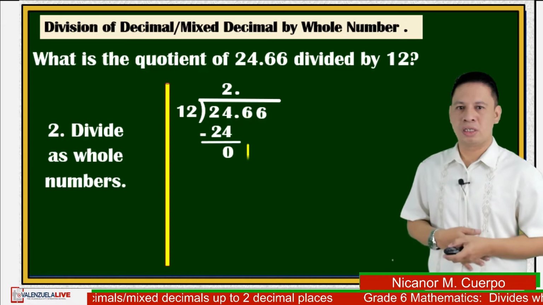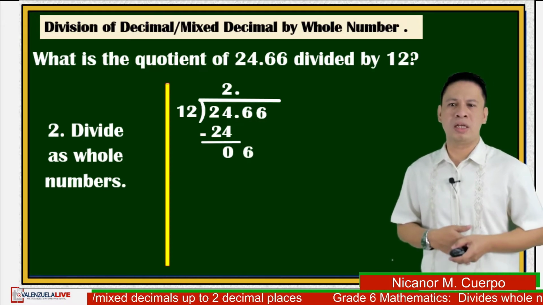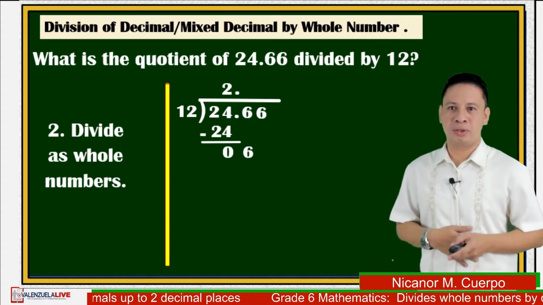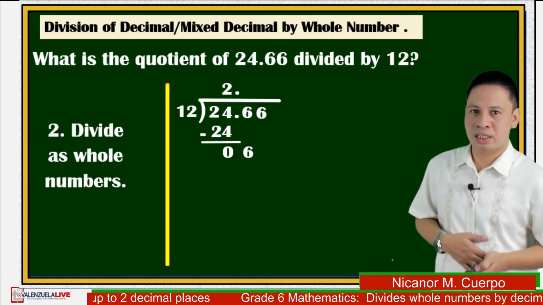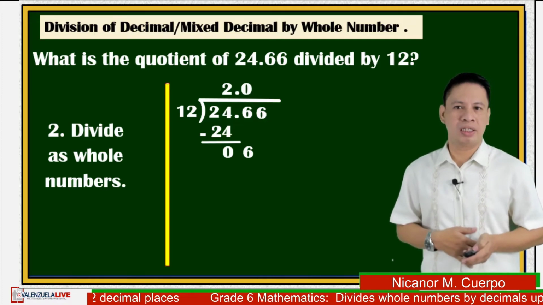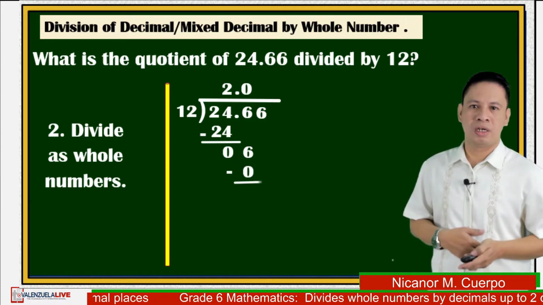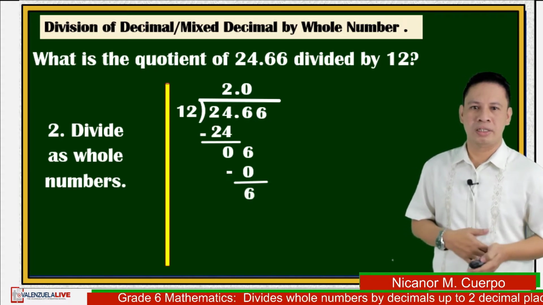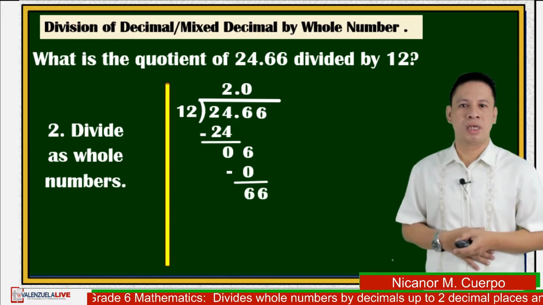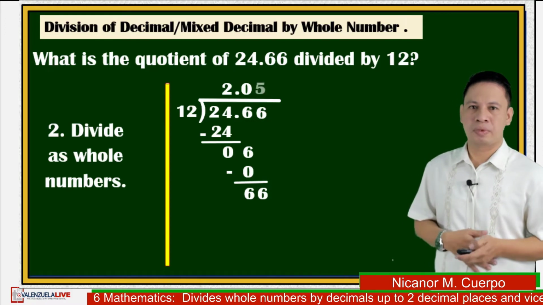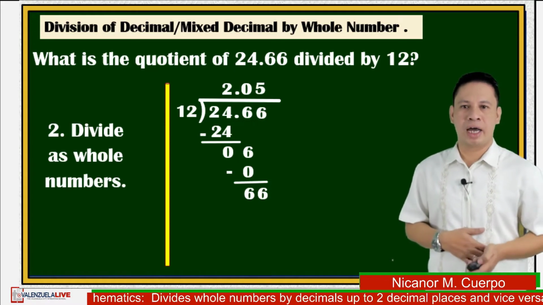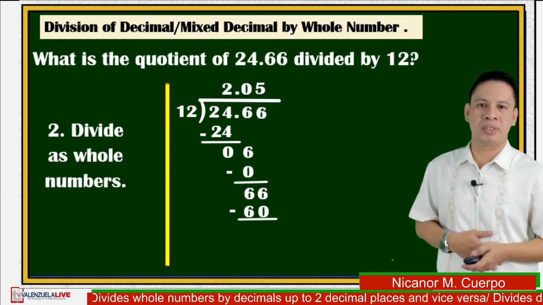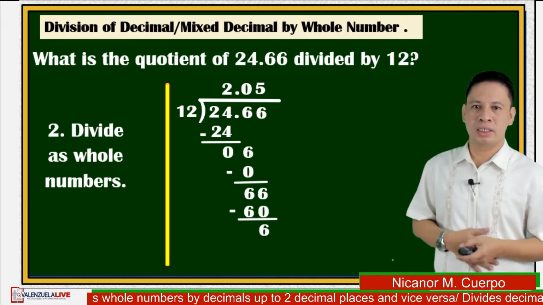Then bring down 6. 6 divided by 12 cannot be. We cannot split 6 into 12. So we will write 0. Then multiply 0 times 12 equals 0. Then 6 minus 0 equals 6. Then bring down 6. 66 divided by 12 equals 5. 5 times 12 equals 60. Then 66 minus 60 equals 6.